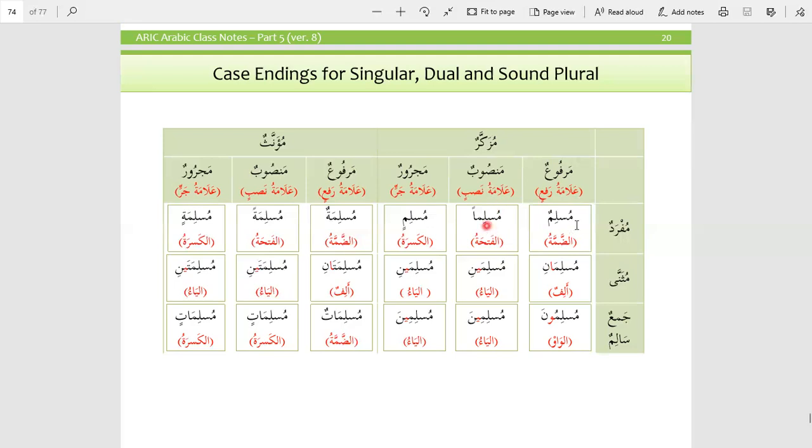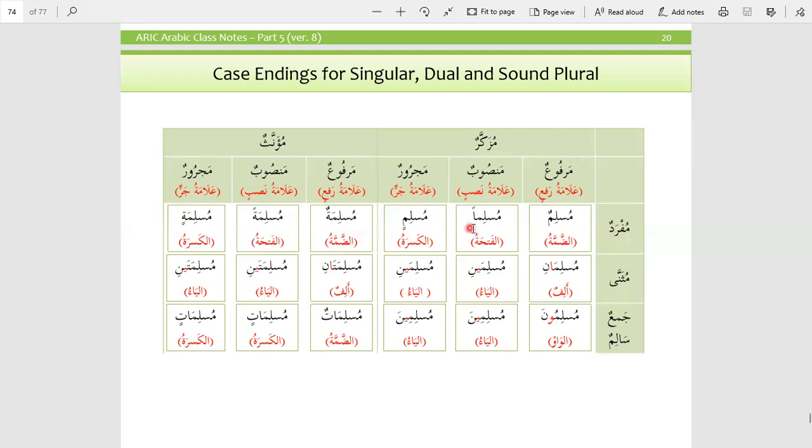Muslimun is a Muslim man, Musliman is also singular, and the sign here is fatha, alamatu nasbin, mansubun. So when you see Musliman, you know this is mansubun. There are various reasons for the endings.